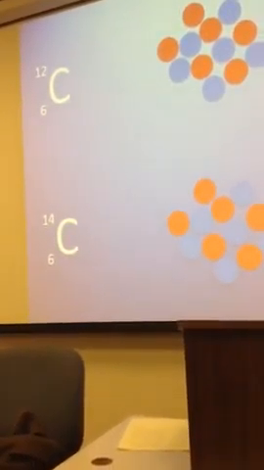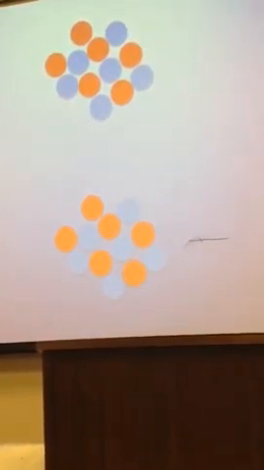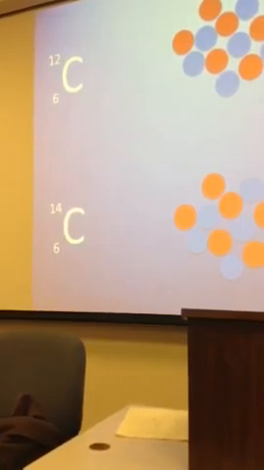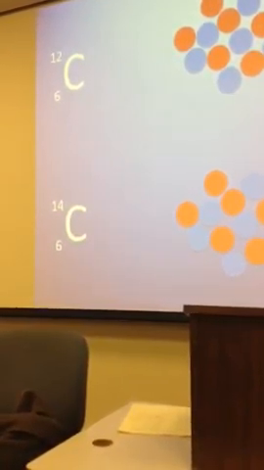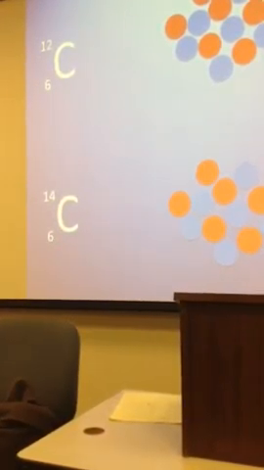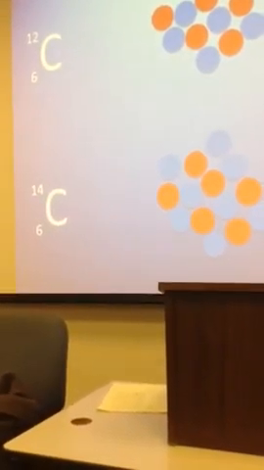Now this is an isotope of carbon, so instead of 12 we have 14 neutrons and protons over here. So we are going to use this and see what radioactivity is.